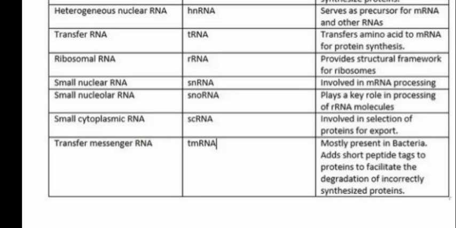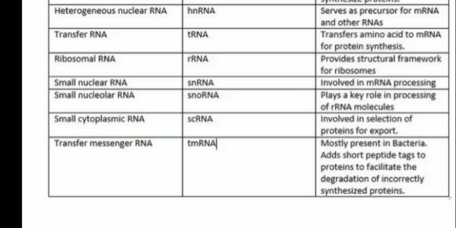And the last type of RNA is tmRNA, which is transfer messenger RNA. It is mostly present in bacteria. And this transfer messenger RNA plays an important role in the degradation of incorrectly synthesized protein.